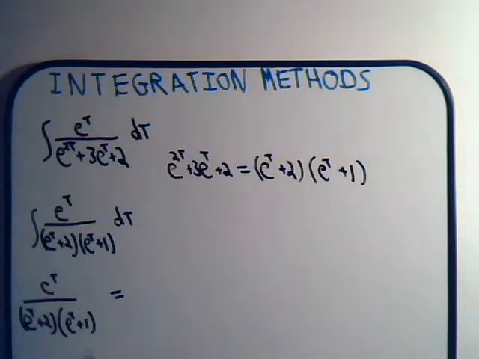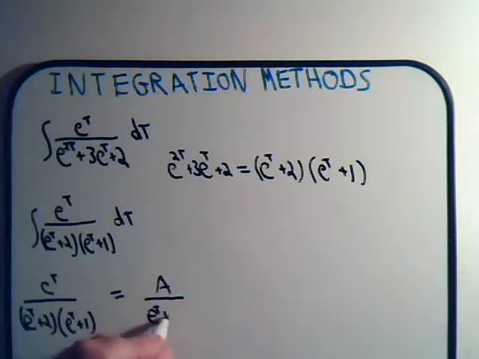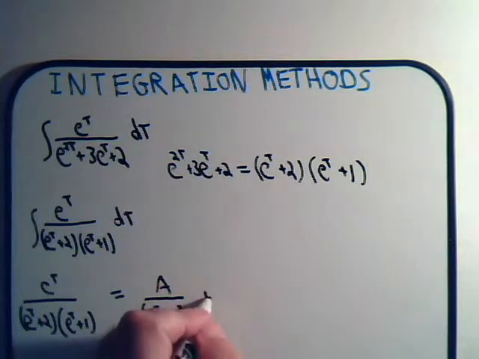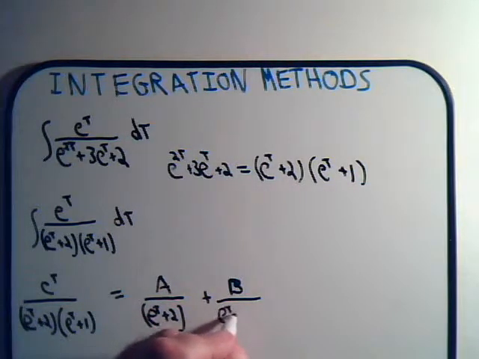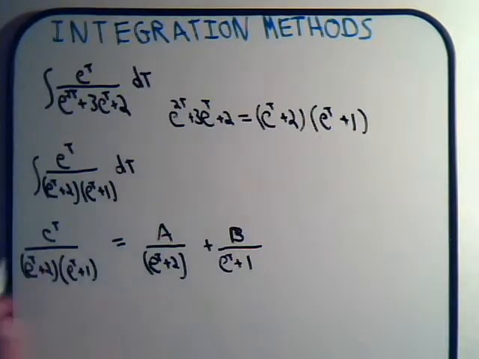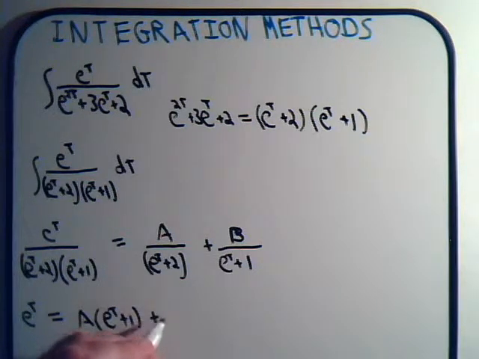And these are both linear factors here, so this would equal some constant, call it A, over e to the t plus 2, plus a different constant, B, over e to the t plus 1. Multiply both sides and we'll have e to the t equals A times e to the t plus 1 plus B times e to the t plus 2.